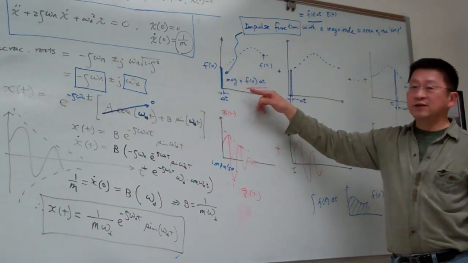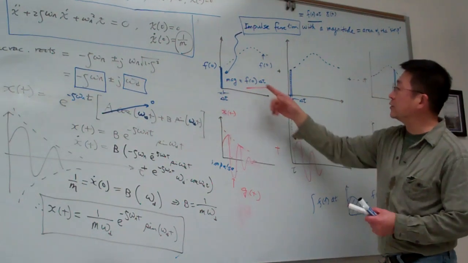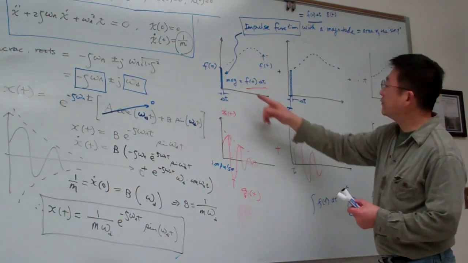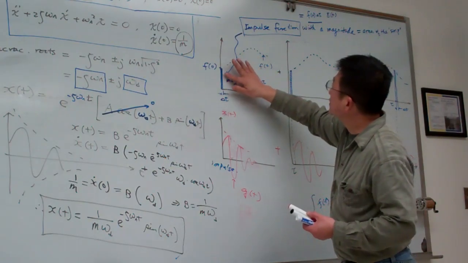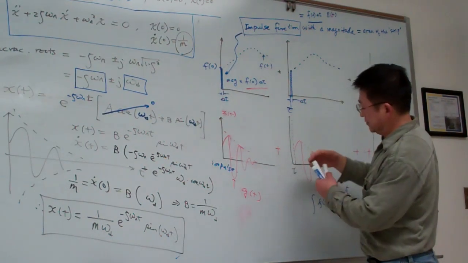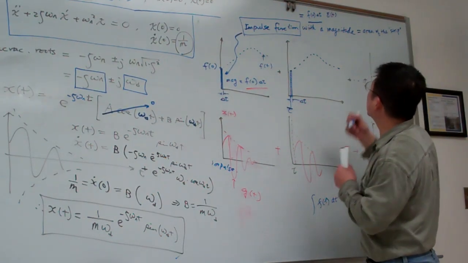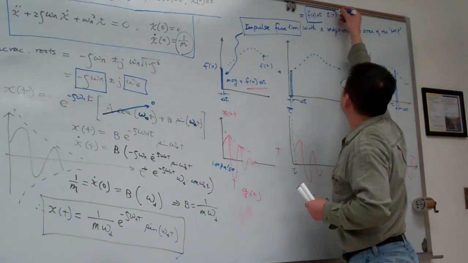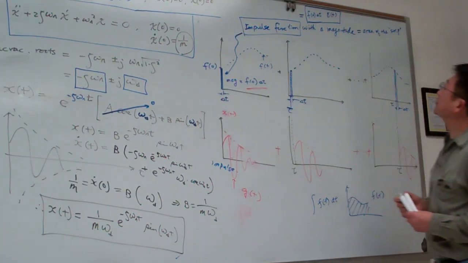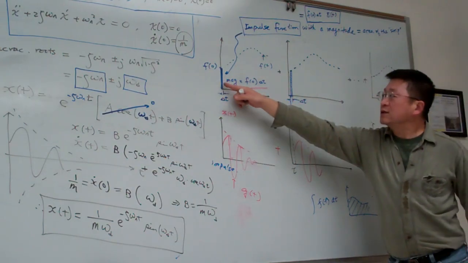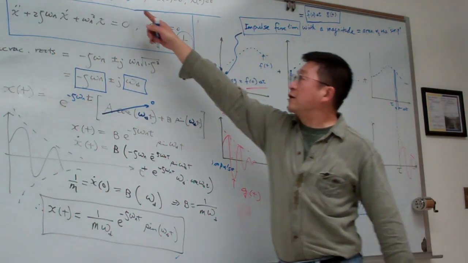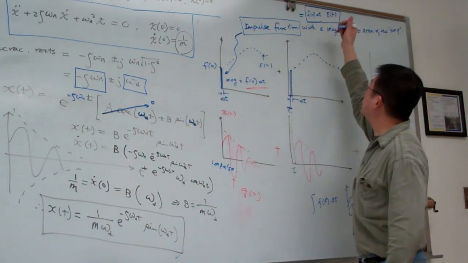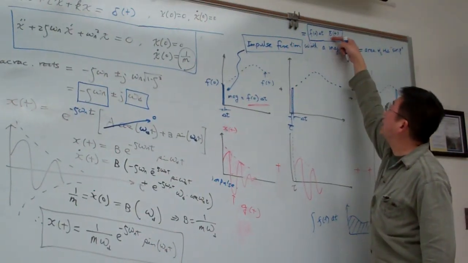For this impulse, it has a magnitude equal to this. So again, for these functions, let me write it up here. This is similar to the impulse, but this one has a magnitude. So this is a magnitude, and that's an impulse.